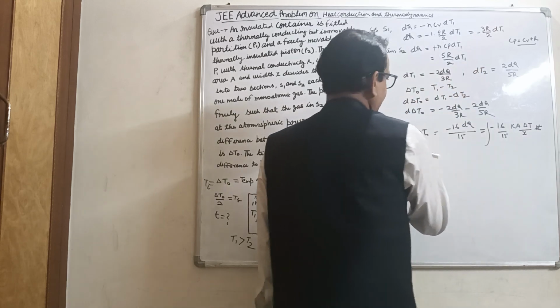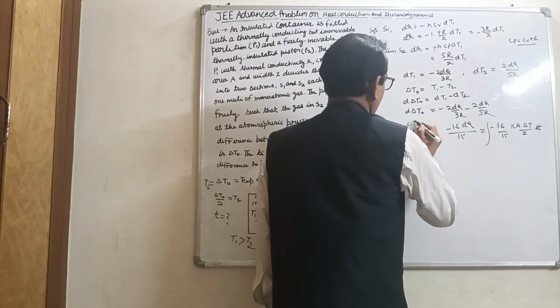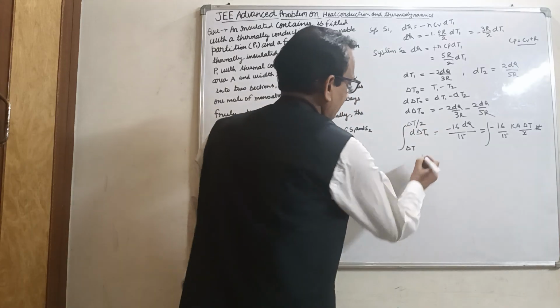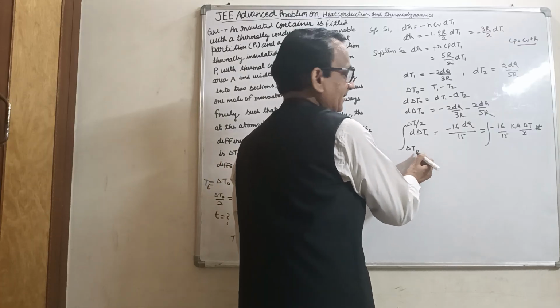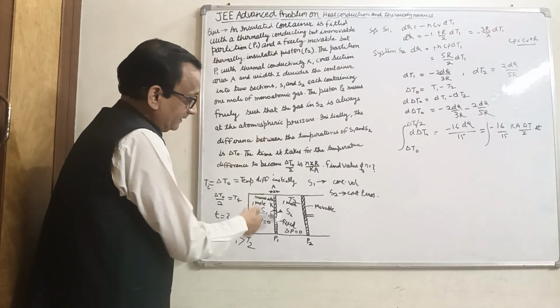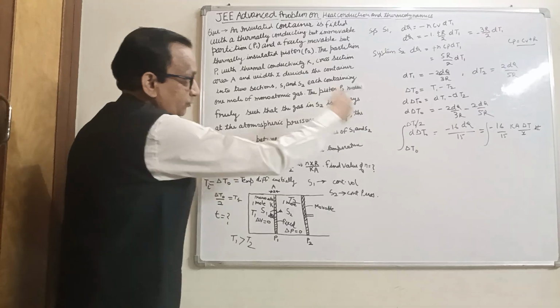this when initially the temperature difference is delta T naught, and finally we have to get the time when the temperature difference becomes delta T naught by 2.